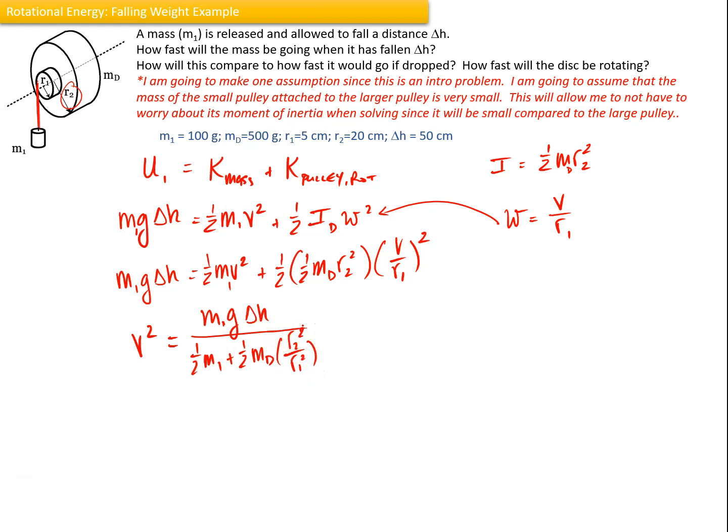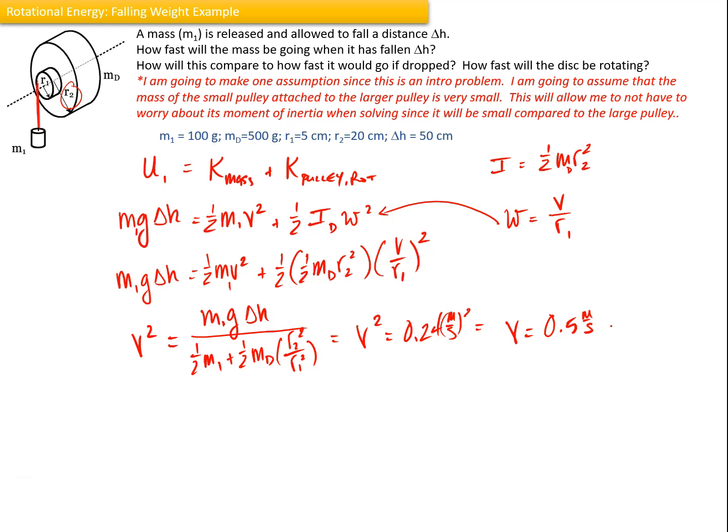And that's all on the bottom of the fraction. And when you put this in, you get v squared equals about 0.24 meters per second squared. And that means that the velocity when it gets to the ground is equal to 1/2 meters per second.